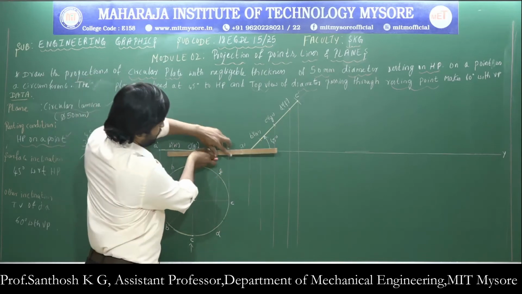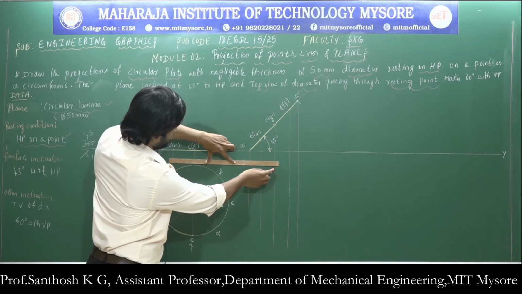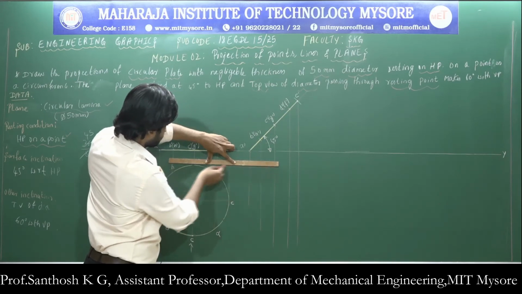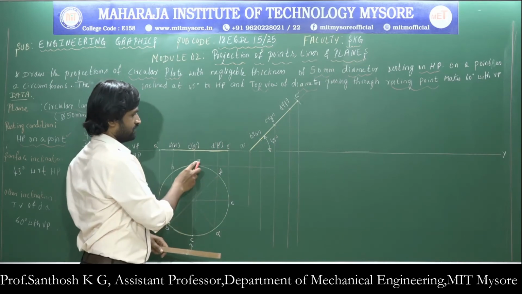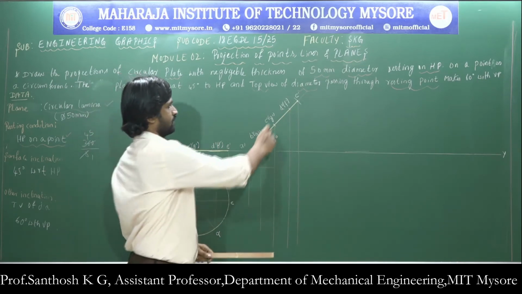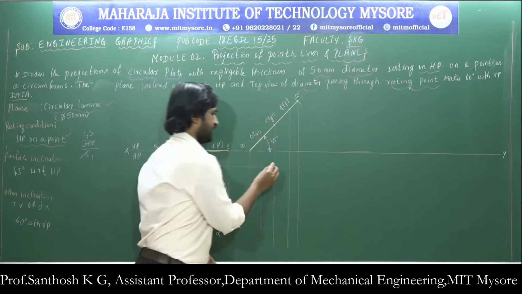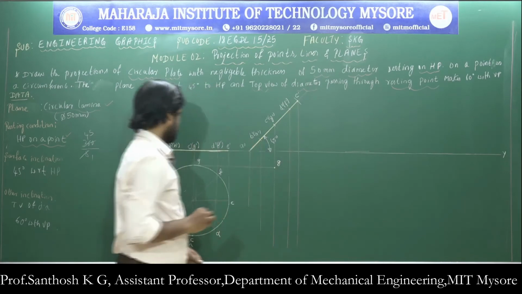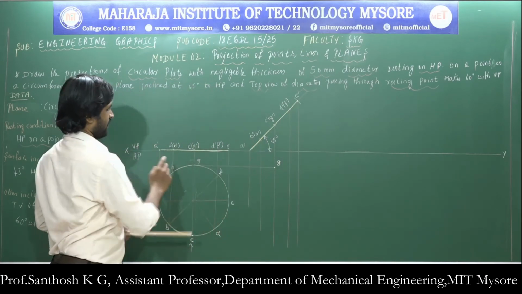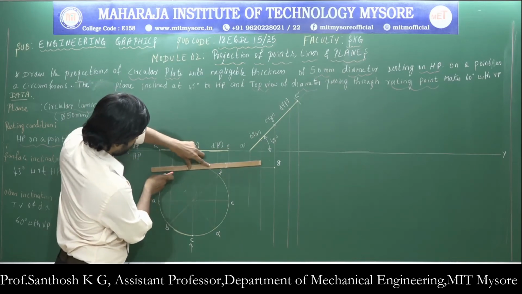From point G, I draw the horizontal projector like this. Where it meets the vertical projector drawn from G dash, I mark point G. Similarly, from H, I draw one horizontal projector.